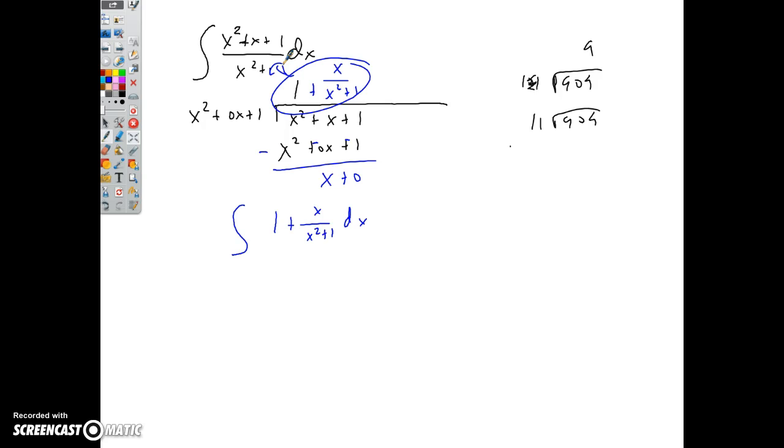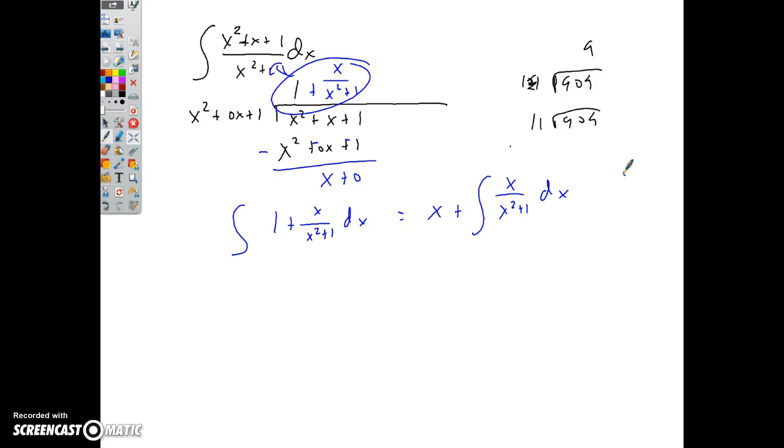What's the integral of 1? Raise its power by 1, divide by 1. So it'd be x, wouldn't it? Oh yeah, the derivative of x is 1, right? So the integral will be x. Plus, oh no, I have to think about this one though. But fear not, because Mr. Tong is going to tell us what to do.